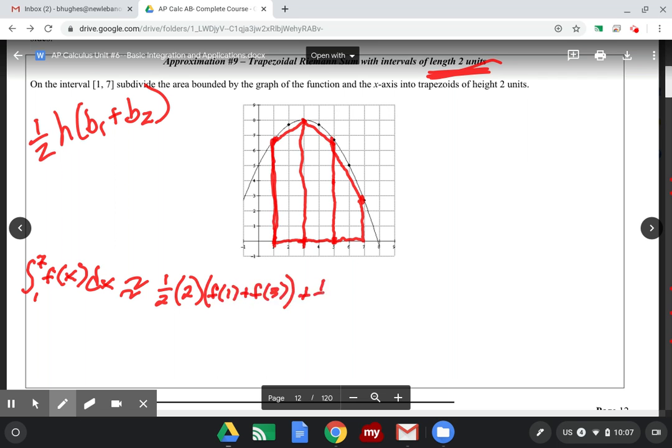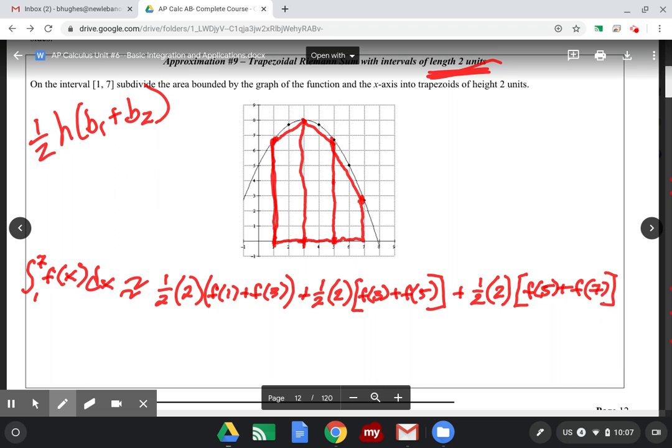Plus 1/2 times the height, which is 2. And then my 2 function values for this next one are f of 3 plus f of 5. That's my 2 bases of those trapezoids. And then for the last trapezoid, we would have 1/2 times 2 times the 2 bases, which would be f of 5 plus f of 7.